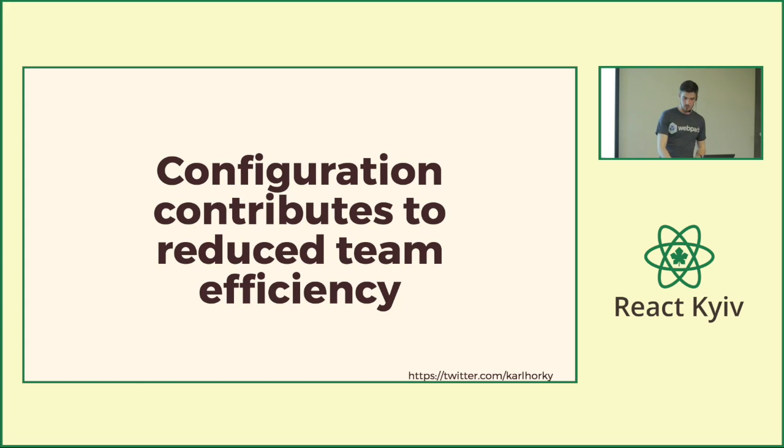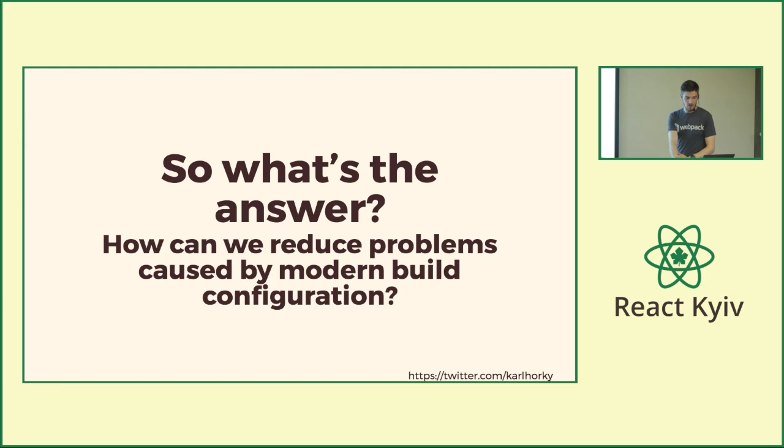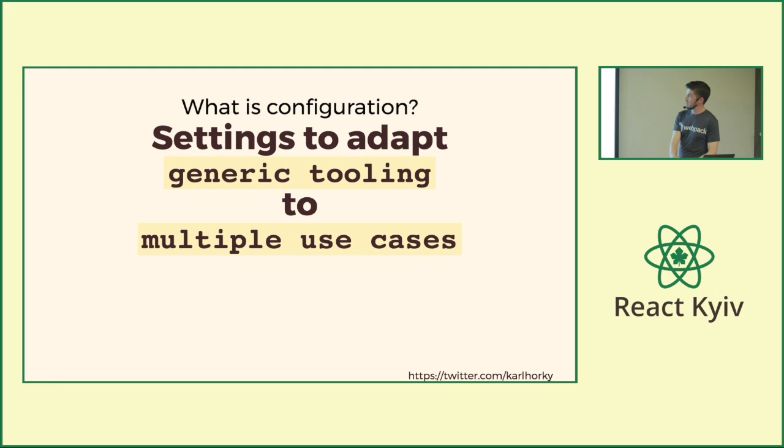So what's the answer? I mean, this is all doom and gloom, right? Everything is bad, and we should just stop being programmers and go home or something, right? Can we go back to our definition of configuration? We have the settings to adapt generic tooling to multiple different use cases.